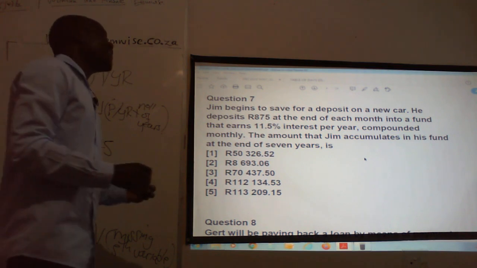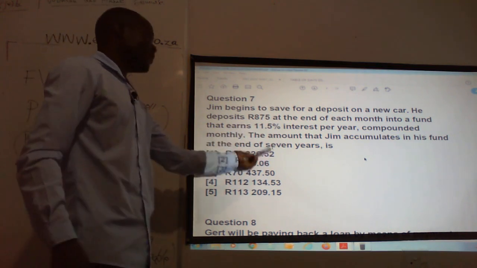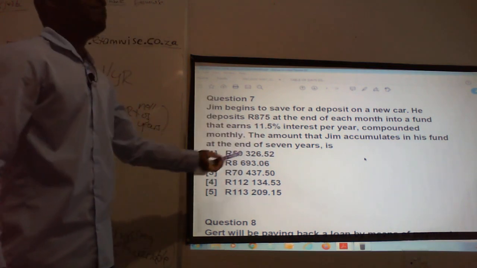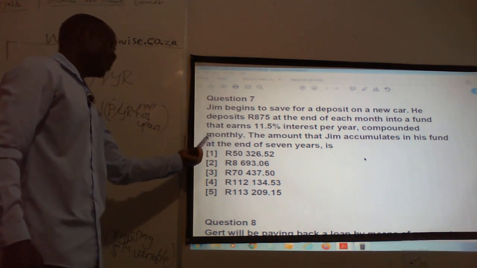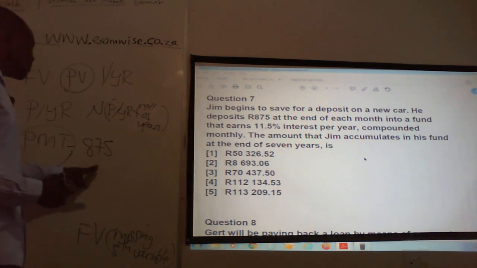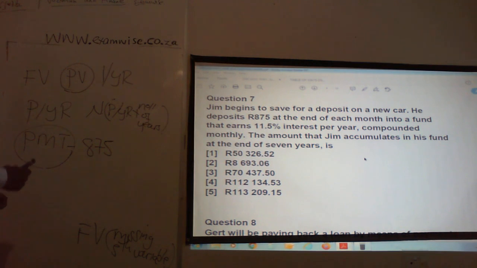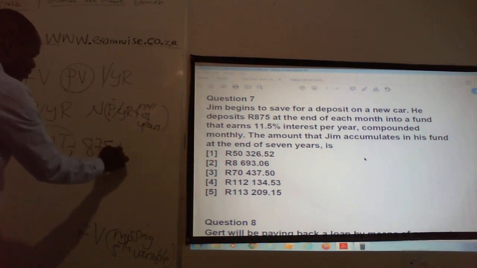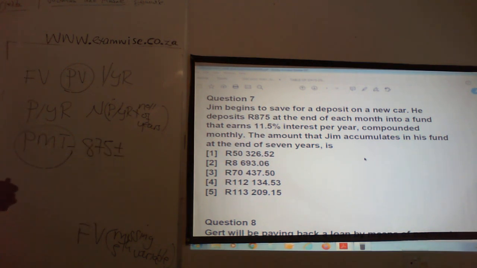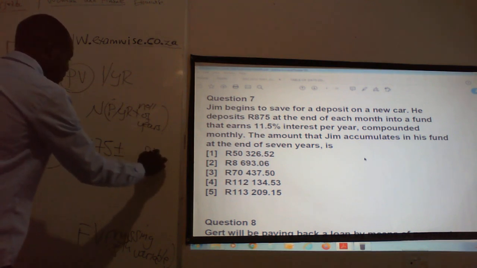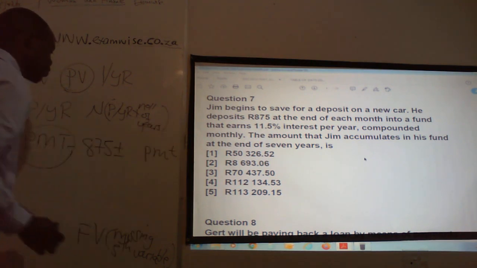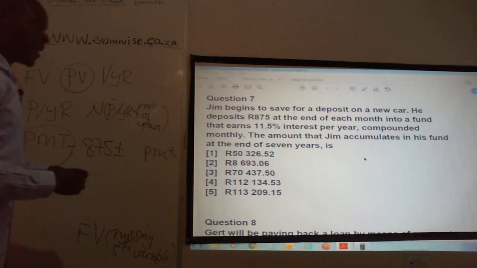We are not given present value, so we will enter our PMT as negative. So we say 875 plus or minus, then we press PMT. This one is our first variable.